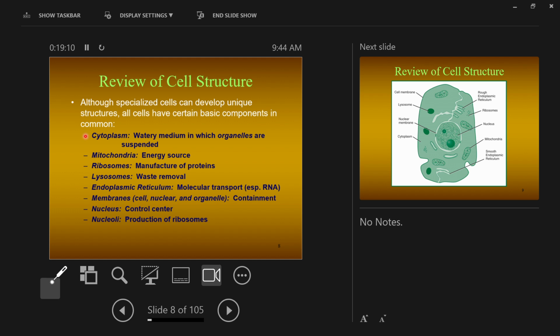So although specialized cells develop unique structures, all cells are going to have some basic components. And even that's not true, because all cells don't have all these components. Like sperm don't have most of this stuff. But the point is, like when we teach you about the bones in the skeleton, we say, here's a picture, here's an average bone, right? And we always show a femur.